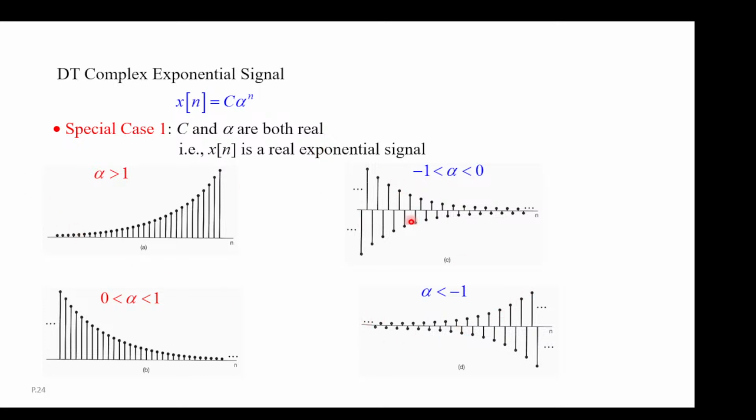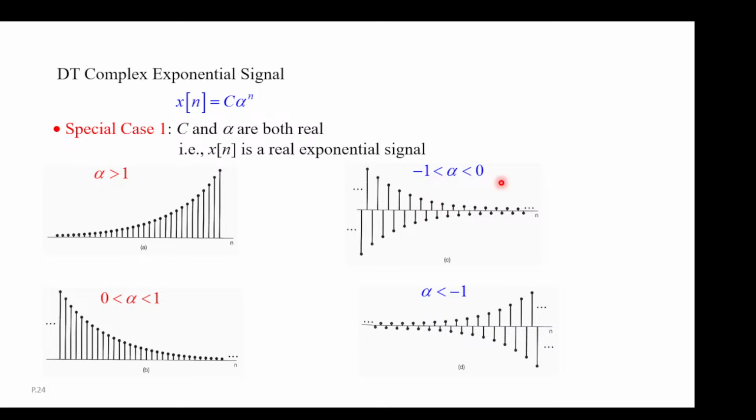It's a very funny signal that oscillates up and down, up and down, because at every time step you are multiplying by a real negative alpha, so you get a flip up and down.